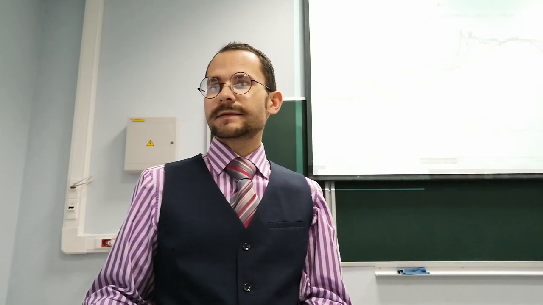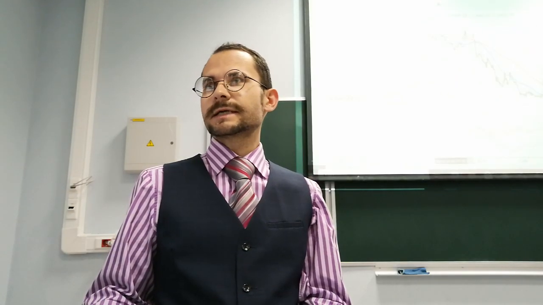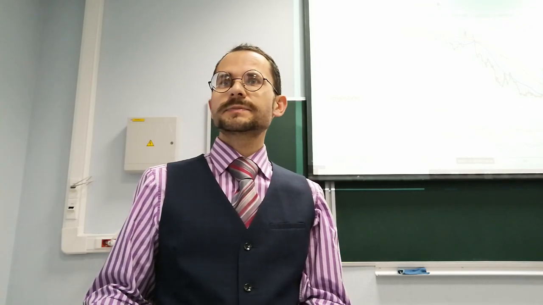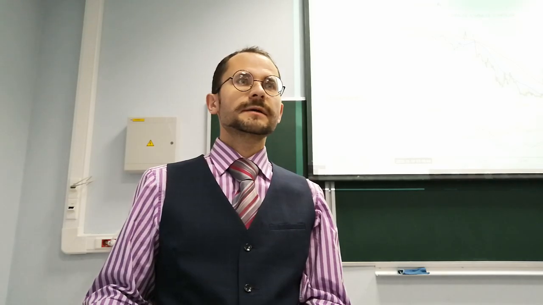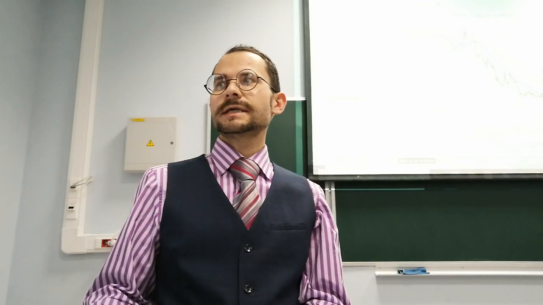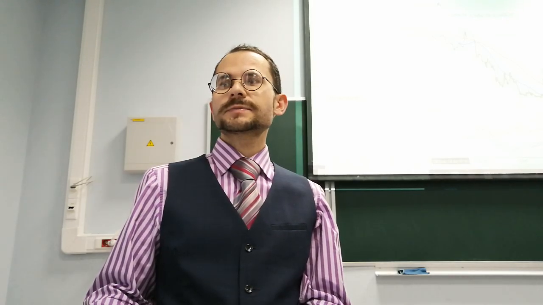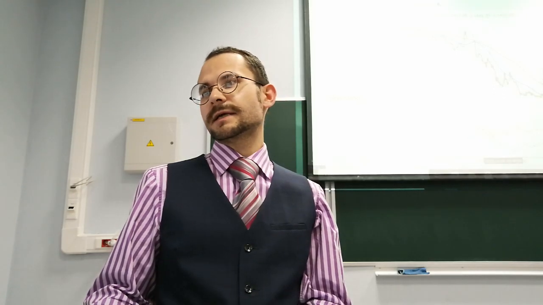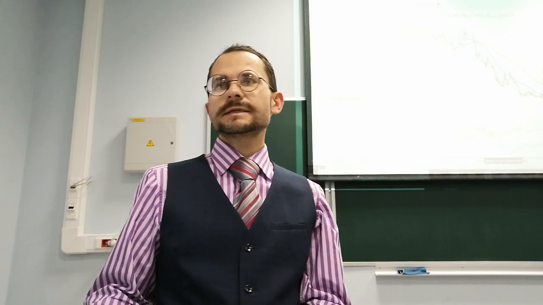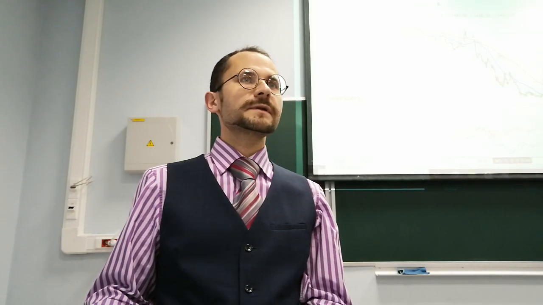So visually, it's like this. You see, here at this point, the red and blue lines are too close to each other. That means very low volatility. You're not going to make much profit out of this. But here, for instance, it is wider, and it means more volatility.